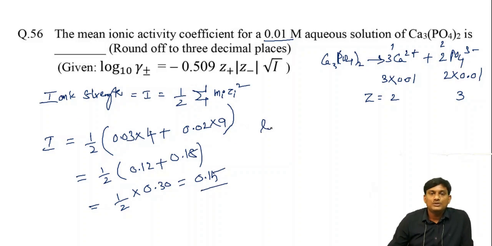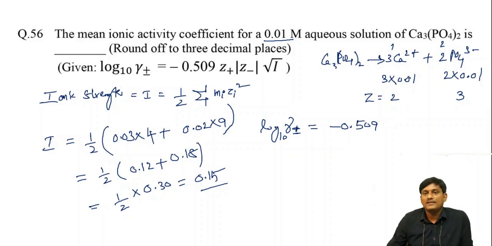We know that log to the base 10 of gamma plus or minus, the mean ionic activity coefficient, is equal to minus 0.509 Z plus into Z minus. Here Z plus is 2 and Z minus is 3, so it will be 2 into 3, 6.